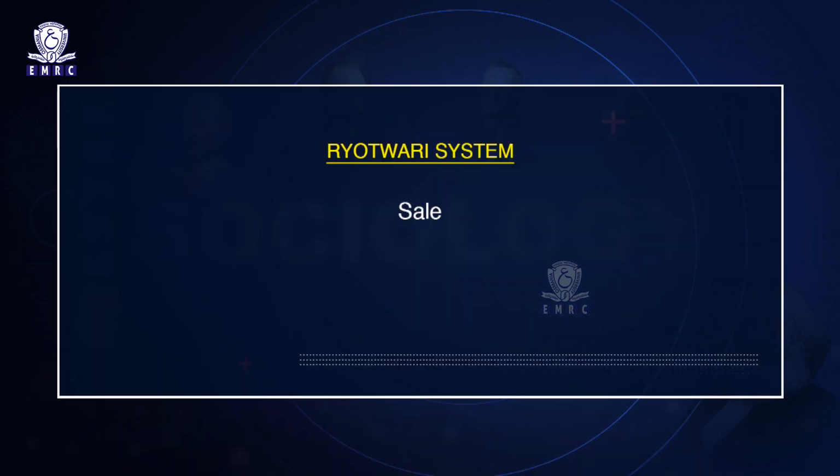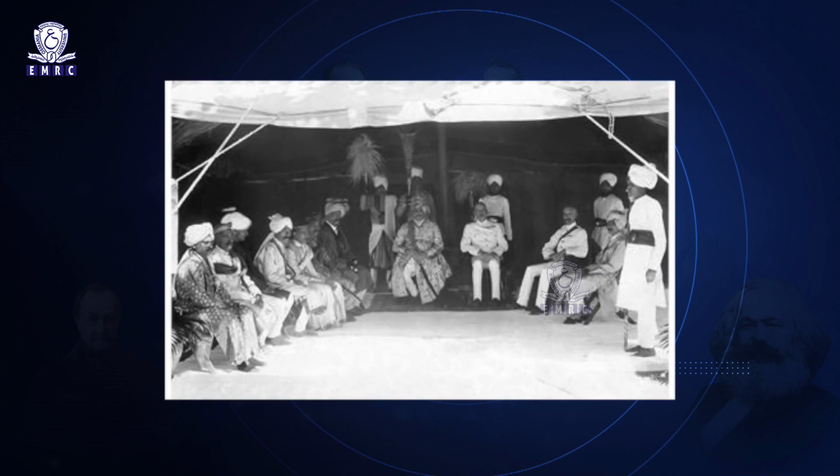The Ryot had full rights regarding sale, transfer and leasing of land and could not be evicted from the land as long as he paid the land revenue. These rights were not available to cultivators under the Zamindari system.